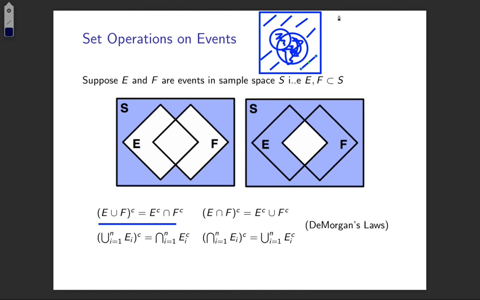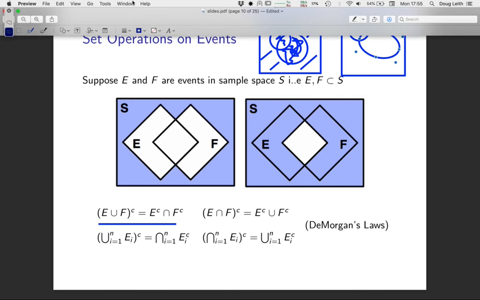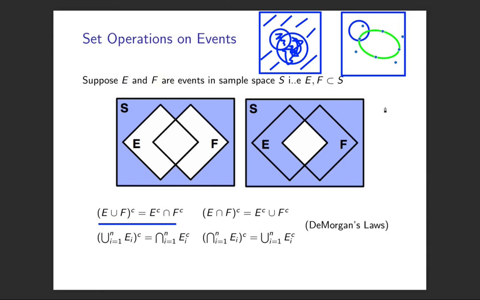Let's look at the right-hand side, and draw a very rough square. Here's our set E. Here's our set F. Now what's the complement of F? Let me change colour here. Let's make it green. So let's call that F. The complement of F is going to be everything out here.